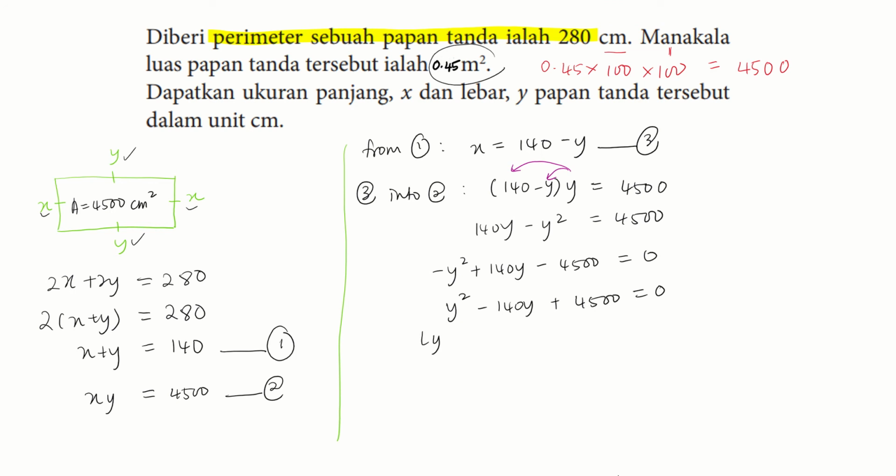So (y minus 90)(y minus 50) equals 0. Because 90 multiplied by 50 equals 4500, negative negative positive. So negative 90 plus negative 50 is equal to negative 140. So done. Solving, y is equal to 90 or y equals 50.